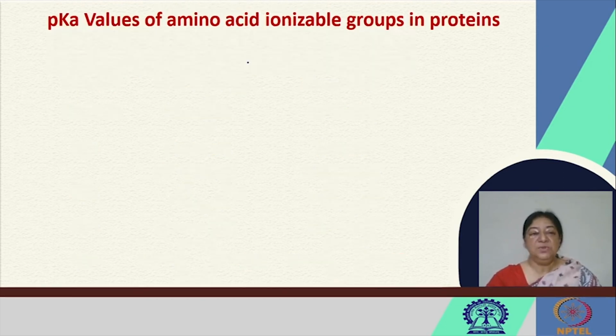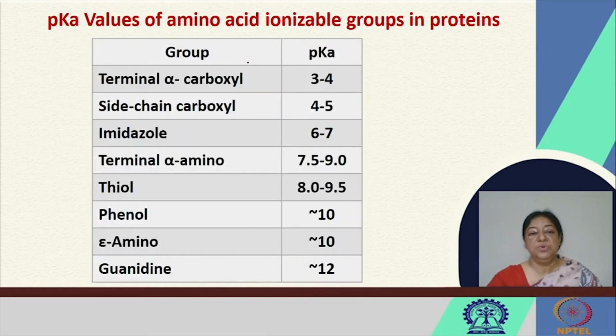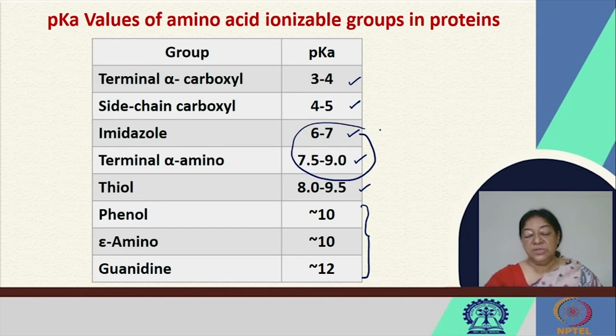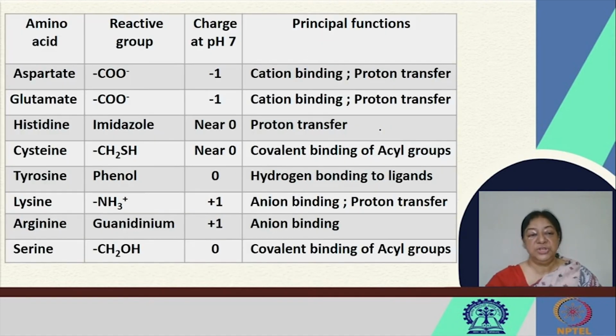Now the pK values of these ionizable groups in proteins are important. We see that we have the terminal alpha carboxyl group, the side chain carboxyl group, the imidazole, the terminal alpha amino, the thiol, and the phenol, the epsilon amino, and the guanidinium group. They're quite high. But the important part here is reactions around this region, particularly imidazole, because its range is in the physiological pH range.